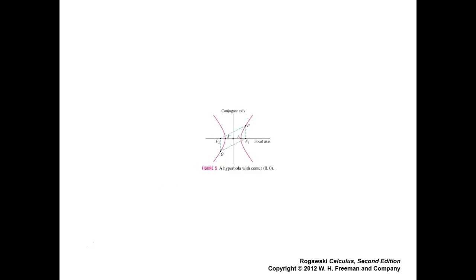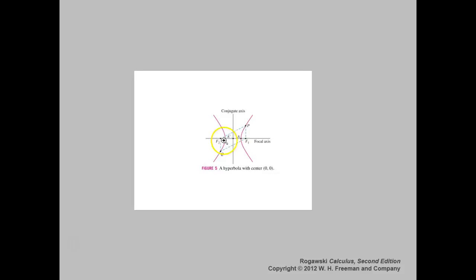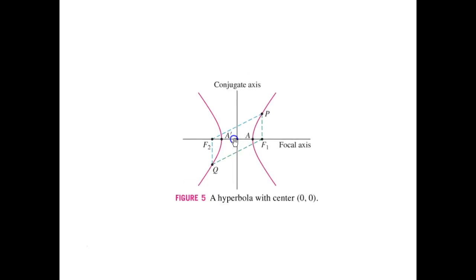Now we have our hyperbola. And again, this is along the x-axis. This axis is the x-axis. The focal axis is the x-axis. Here are the two foci. And for some point here, the distance here minus the distance there is your constant.